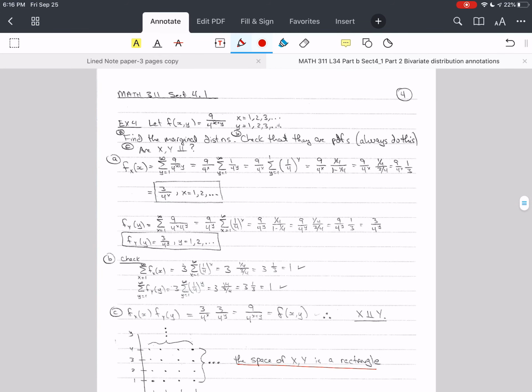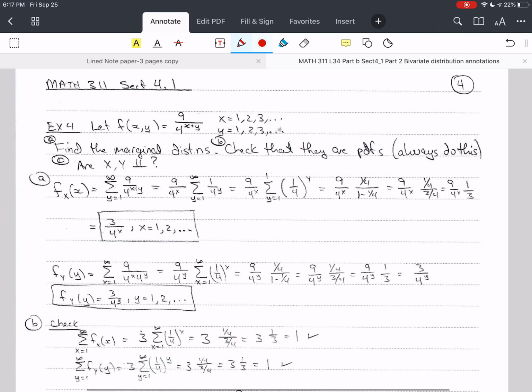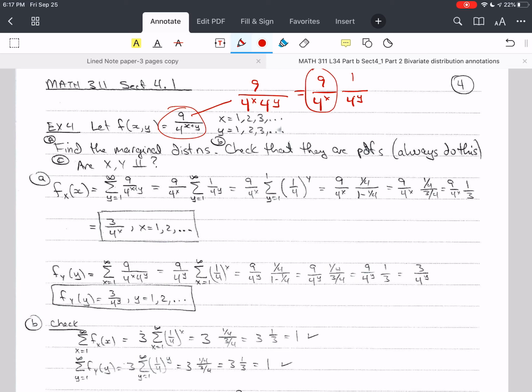All right, so this example we looked at last time, and I was telling you at the end of the last video how I could look at this joint PMF and easily break it up into a function of x and a function of y. So I can break this up into two functions, one of just x, one of just y, that are not the marginal PMFs.